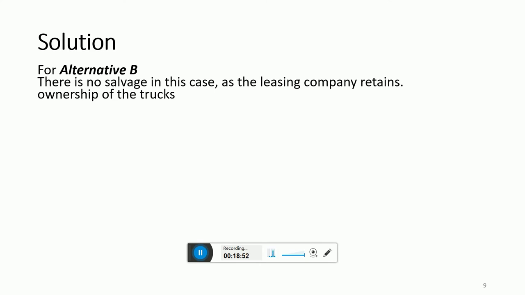He does not have the ownership of the trucks; the ownership is with the leasing company. So for alternative B, we use the uniform series present worth factor to calculate the time zero equivalent value of the future lease payments.